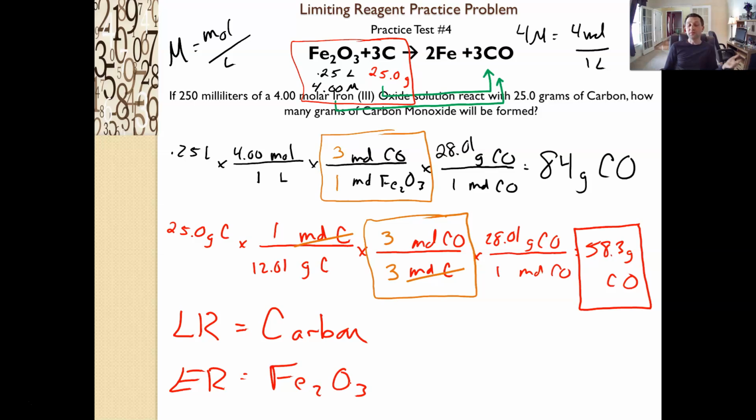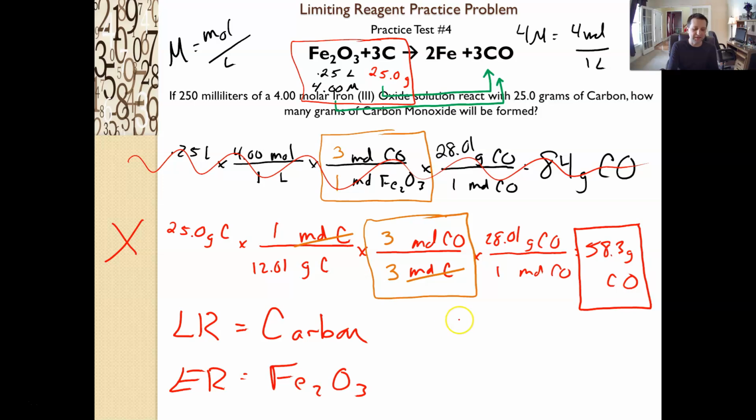What we can do is calculate how much excess we actually have left over. I'll do that example in class, but what you can do is take your information from this step. Once we do this, we don't really want this information anymore, because that's our excess. We know we're limited by the carbon, and we can only make 58.3 grams of product here.